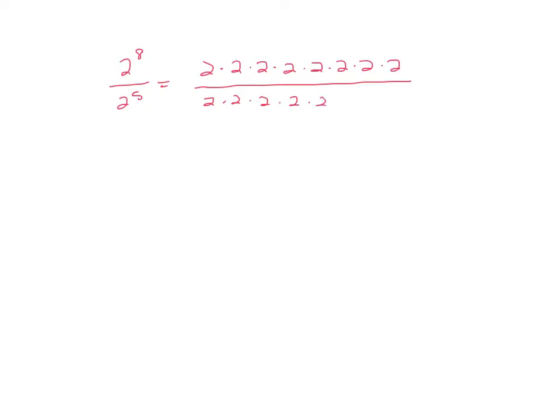So you can start to cross out things on the bottom, right? So division means that 2 divided by 2 is 1. So that makes a 1. 2 divided by 2, right? So these all sort of cross out. So there's 5 different pairs of 2's that cross out, and we're left with just 2 to the 3rd, right? So there's 8 on top and 5 on bottom. After you're done crossing them out, there are 3 on the top.